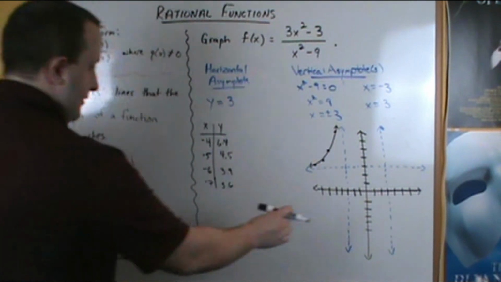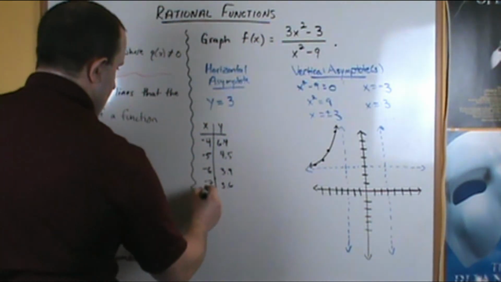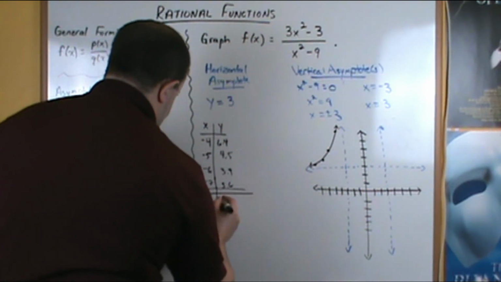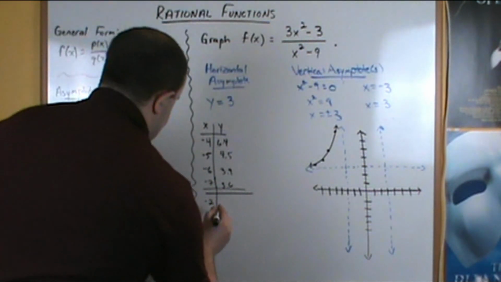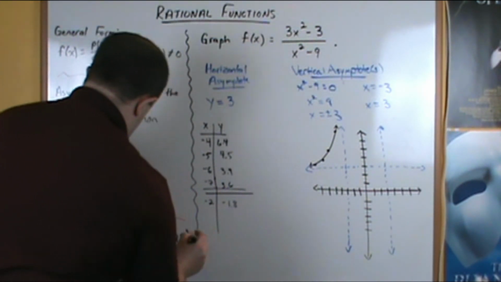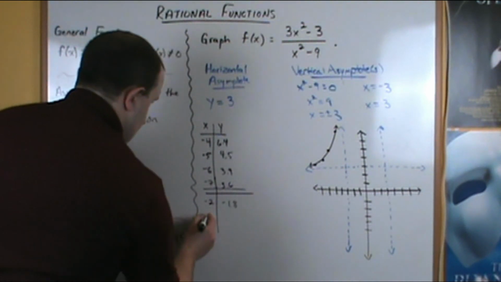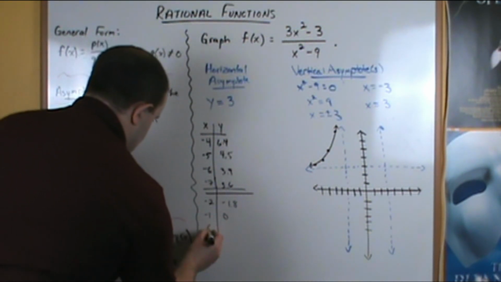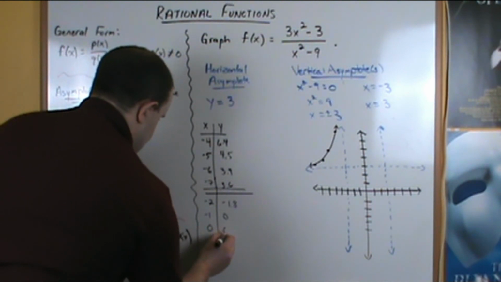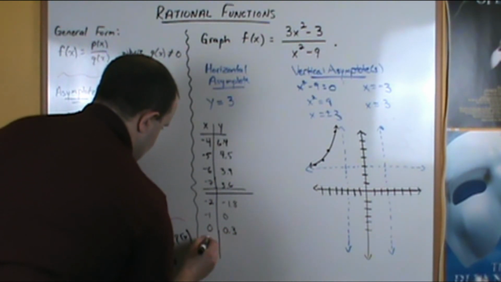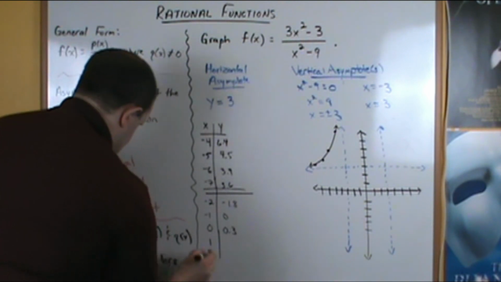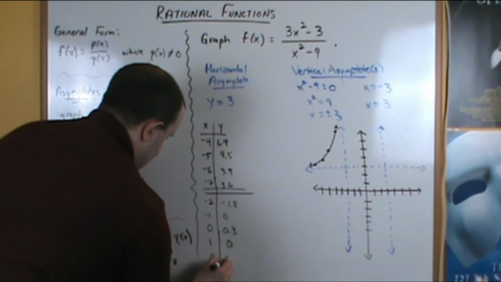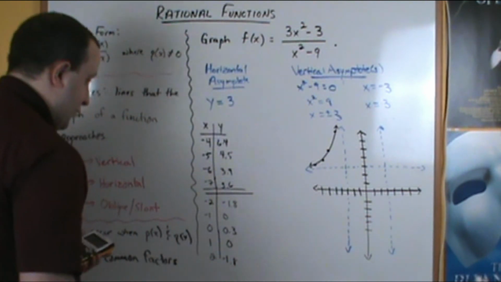Now if we go on this interval here, we can pick negative 2, and we get about negative 1.8. Negative 1 we get 0. At 0 we get about 0.3. At 1 we get 0, and at 2 we get about negative 1.8.